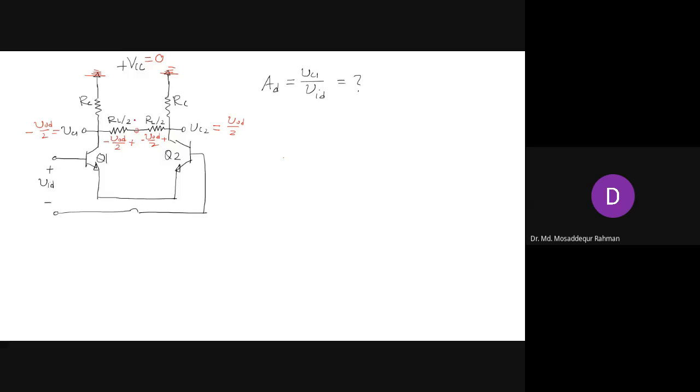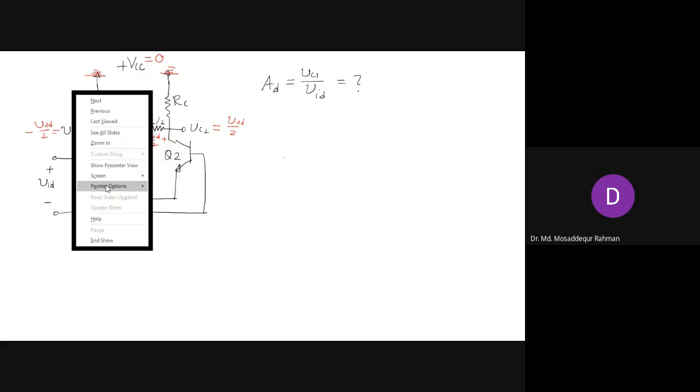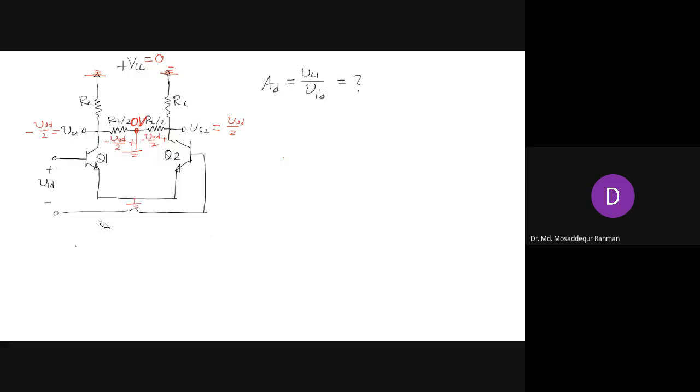Then we can assign, like before, 0 volt at this common point. 0 volt means that this point is at ground potential for this signal voltage. We can have DC volts, but this point is at ground potential for the signal voltage. So we can show it like this, that it is at ground potential. In the same way we showed that this point is at ground potential for the small signal.